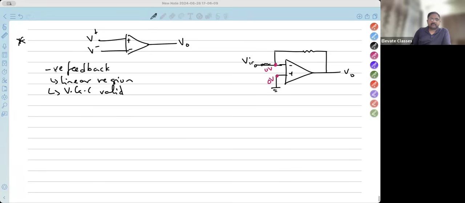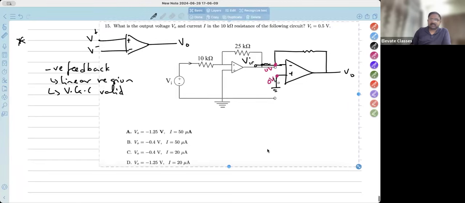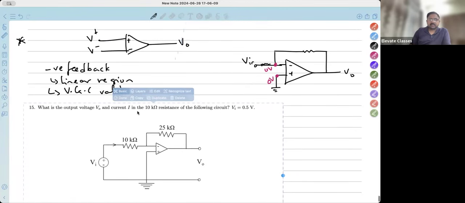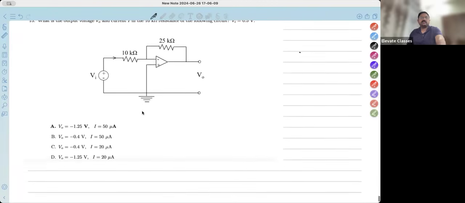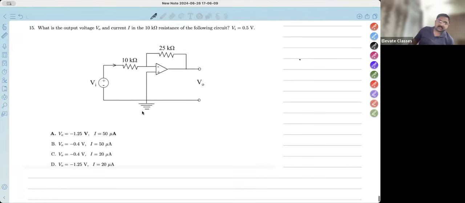Now let's do a problem from last year's JEST exam. Very easy problem. What is the output voltage V0 and current in the 10K? Just give me a minute. I'll just drink some water. Anyone would like to try and answer? Please go ahead and answer in the chat.